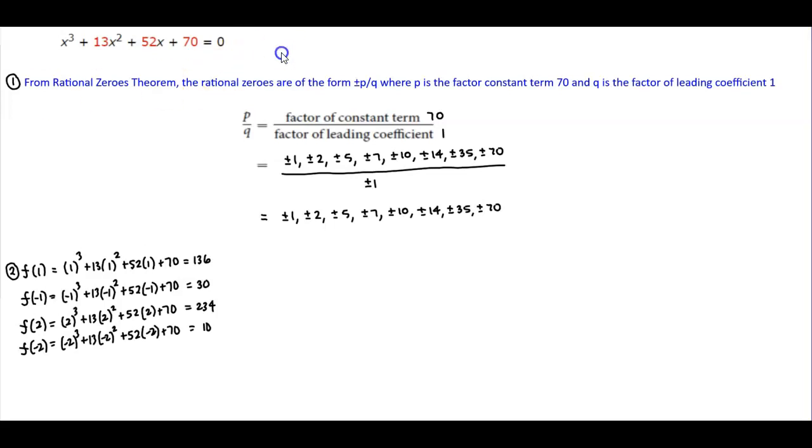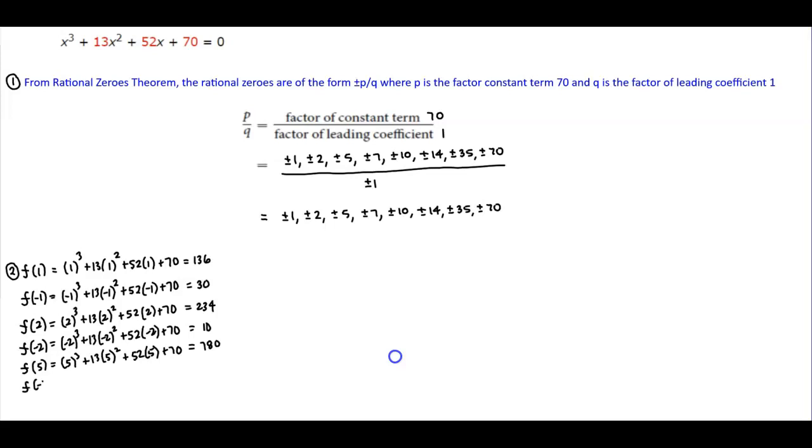Now we're going to move on to 5. To find f of 5, we plug in 5 cubed plus 13 times 5 squared plus 52 times 5 plus 70, and that gives us 780, so that is not a 0.